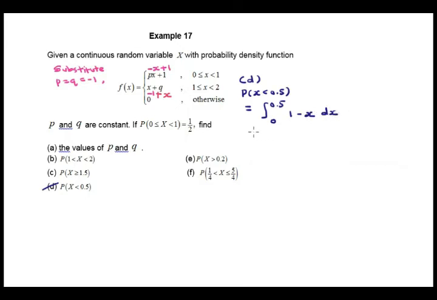Integrate with respect to x: integrate 1 is x, integrate x is x squared over 2. Substitute the limits, 0.5 minus 0, is equal to 3 over 8.